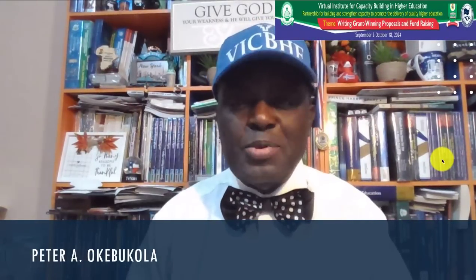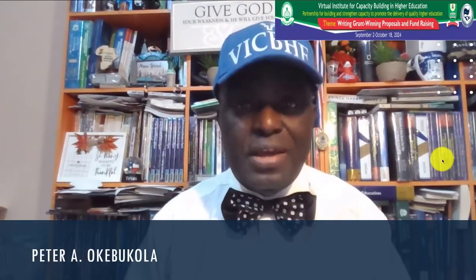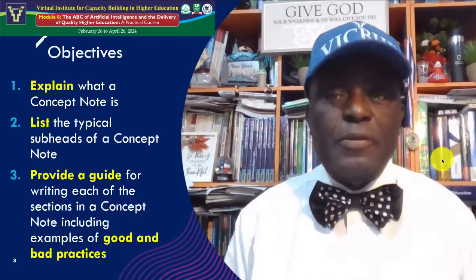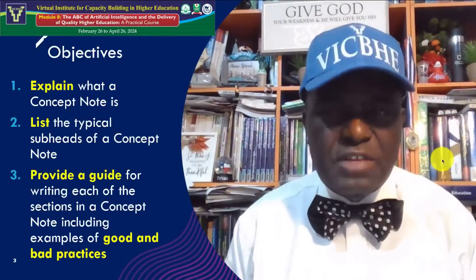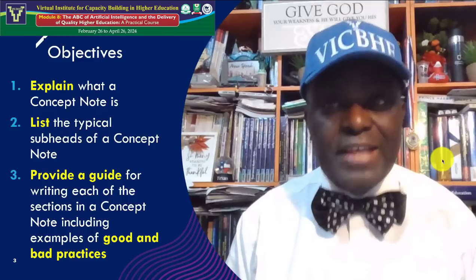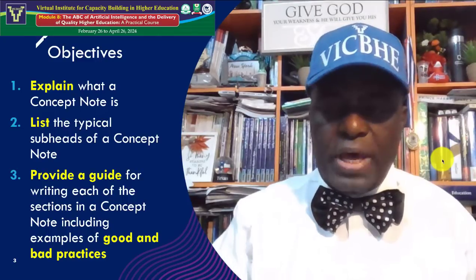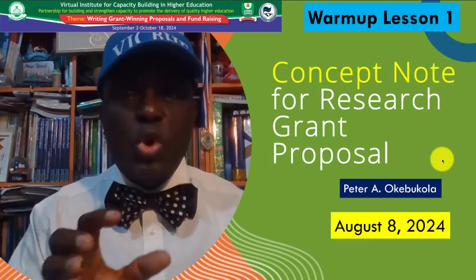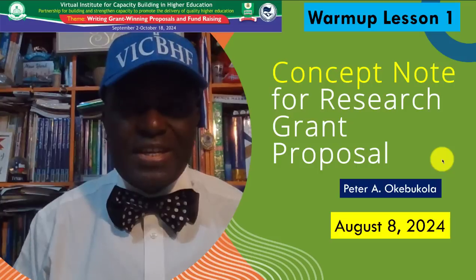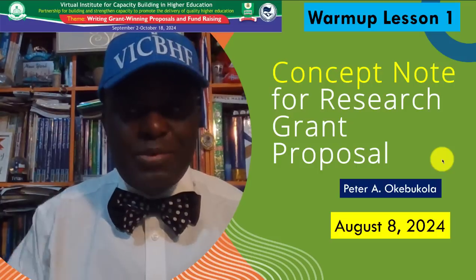I am Peter Okebukola, and in this lesson number 1, we will be looking at a number of things. There are 3 key objectives of this lesson. You recall that the topic of the lesson is concept note for research grant proposal, that's writing the concept note.